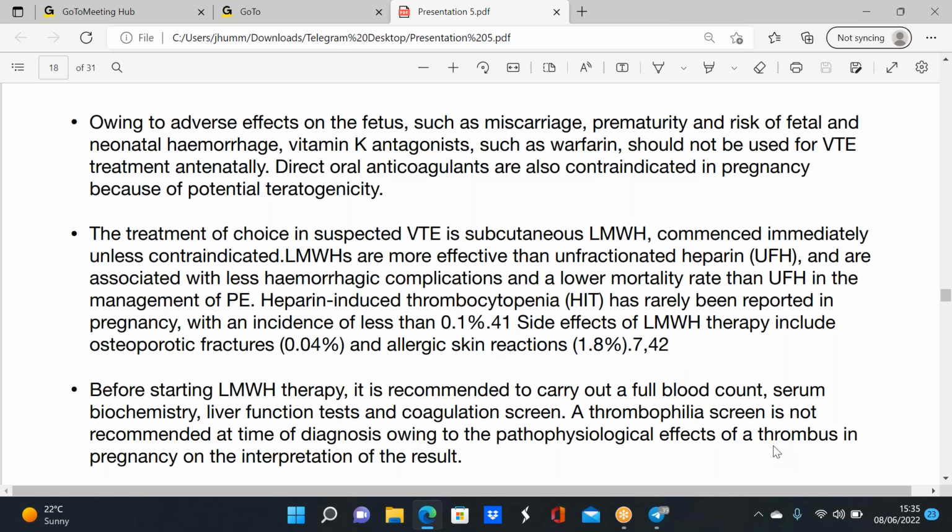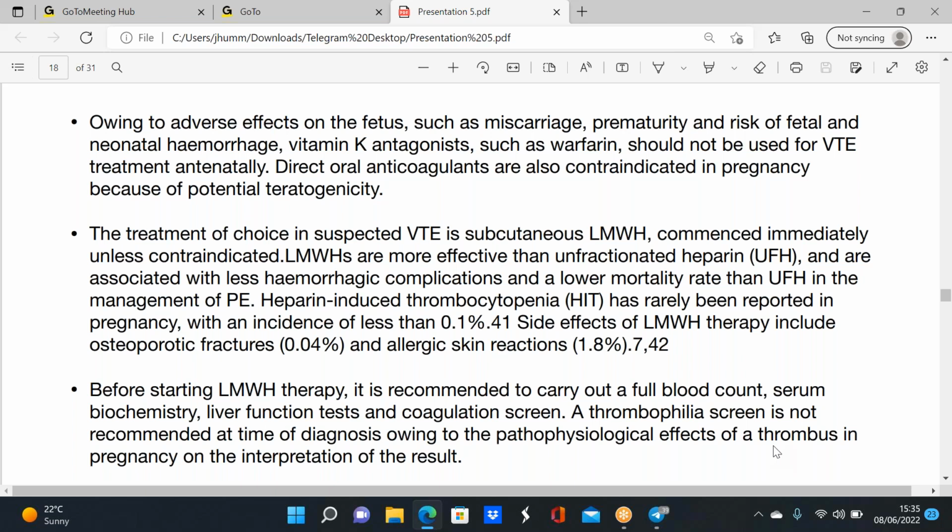Heparin-induced thrombocytopenia has also been reported in pregnancy with an incidence of less than 0.1%. Side effects of low molecular weight heparin include osteoporotic fracture, which is 0.04%, and allergic skin reactions, 1.8%. So overall, the risk associated with low molecular weight heparin is very low, and it's more safe.